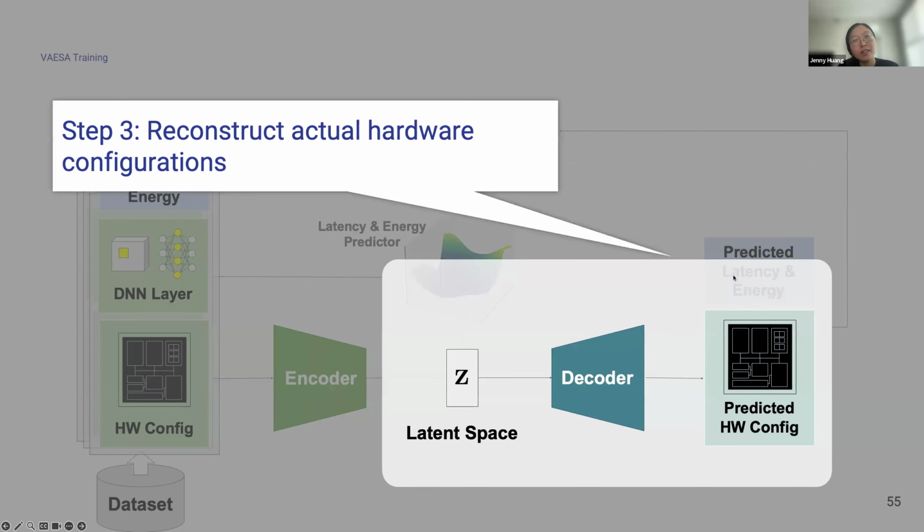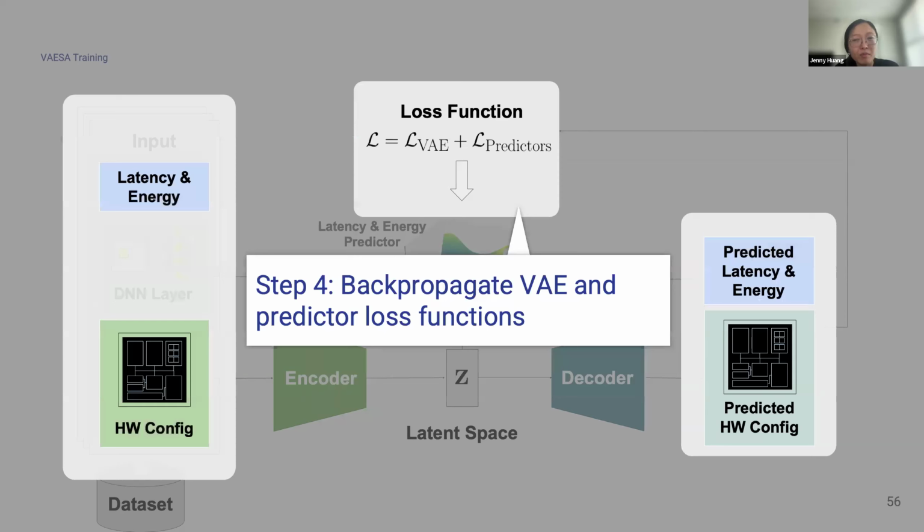We then pass this latent representation of the input configuration through the decoder to predict the output hardware configuration. We then gather the input hardware configuration as the label for the output of the VAE, and gather the actual latency and energy as labels for the performance prediction from the latent space.